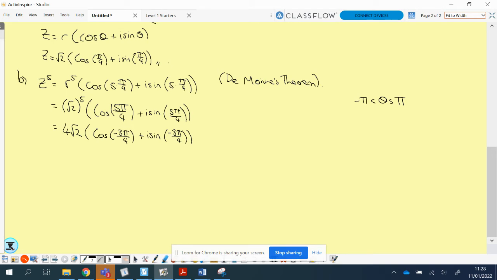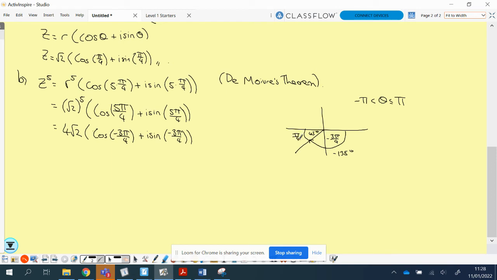How we do that is we relate it back to the angle. If I think about my complex number and I want to go negative 3 pi over 4, that is the same as negative 135 degrees, which means that this bit in here must be 45 degrees, or in other words, pi over 4.